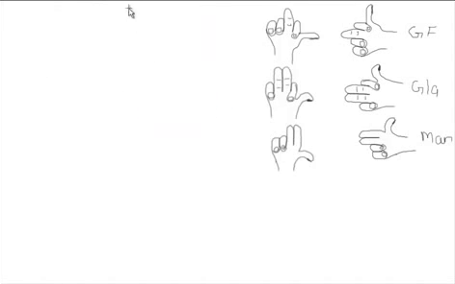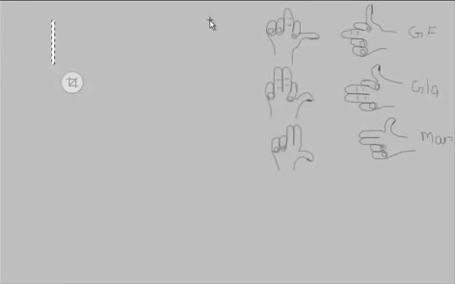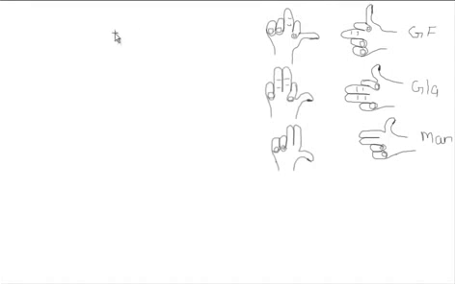Now again, galactose and mannose are aldoses, and they have 6 carbons, so let me draw galactose first. You have the CHO on the top, and you have CH2OH over here, and we're going to have 4 carbons in between, because both contain 6 carbons.